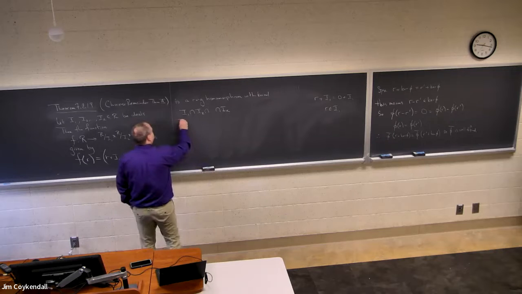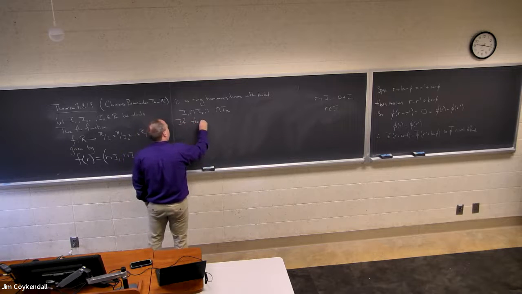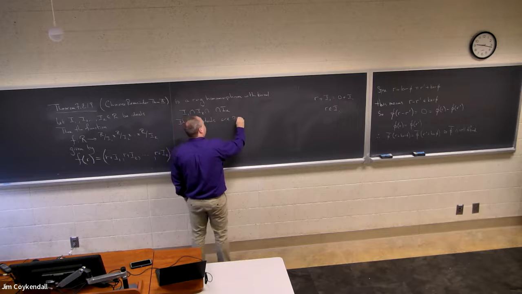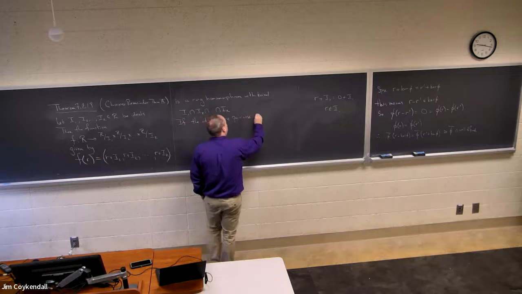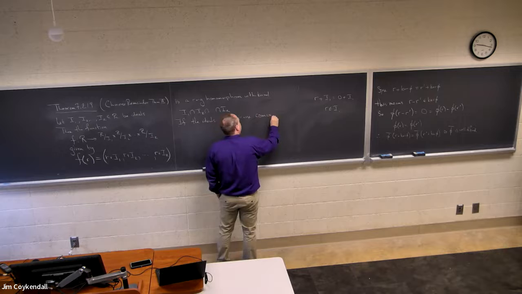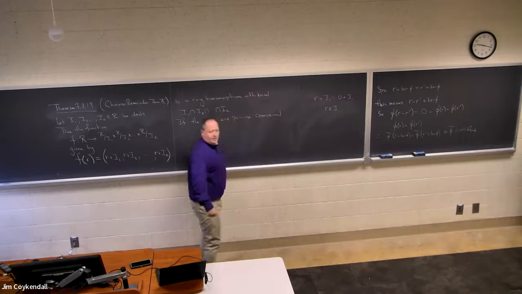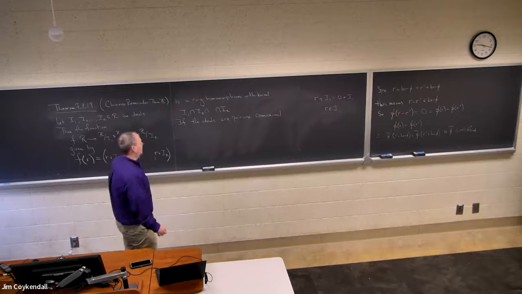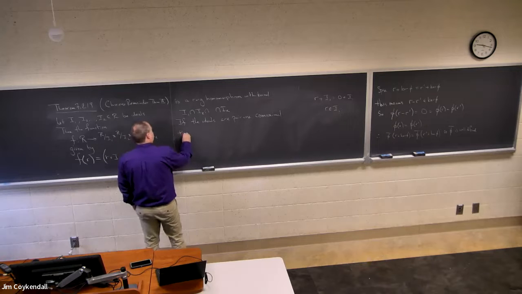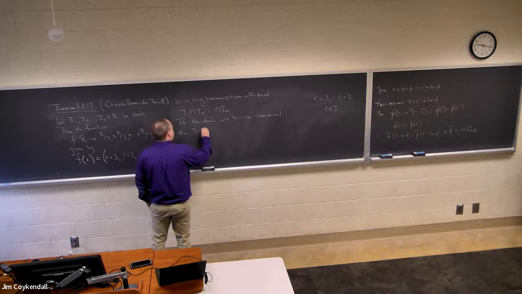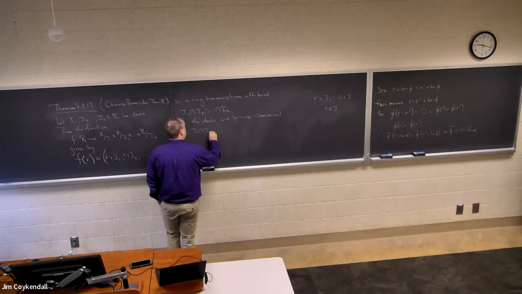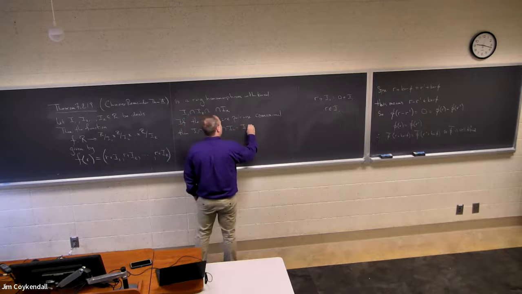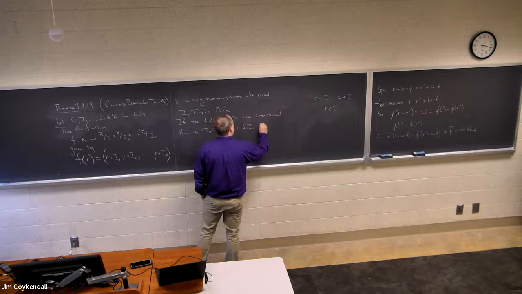If these ideals are pairwise maximal, then I1 intersect I2 intersect IK is actually the ideal I1 I2 IK.